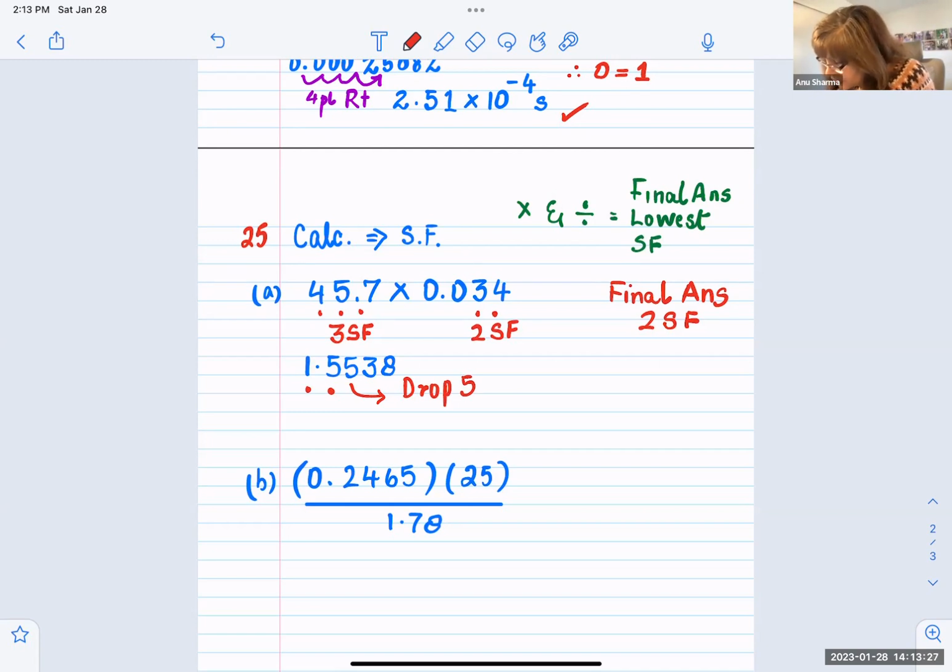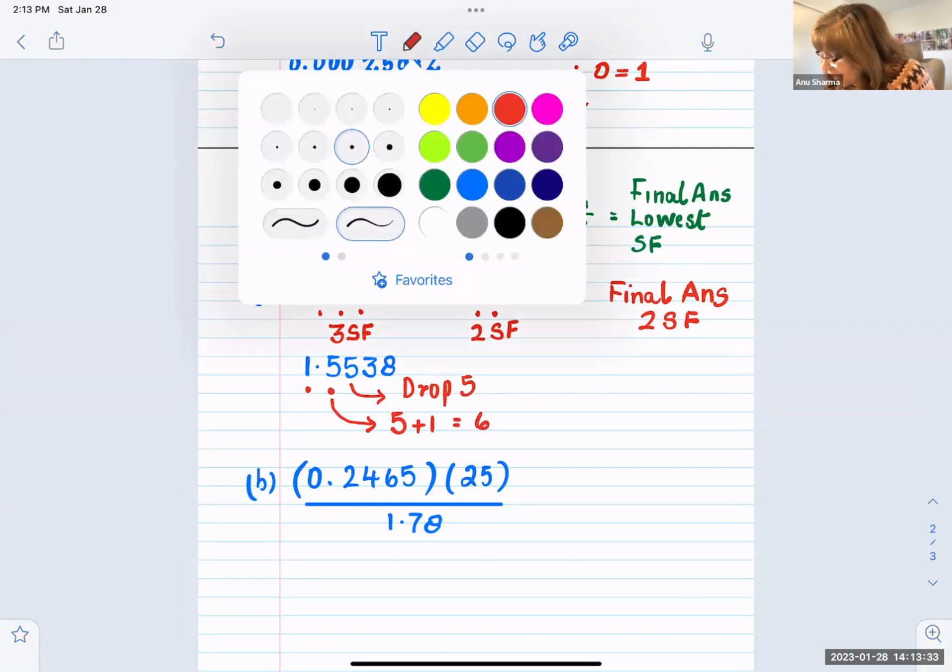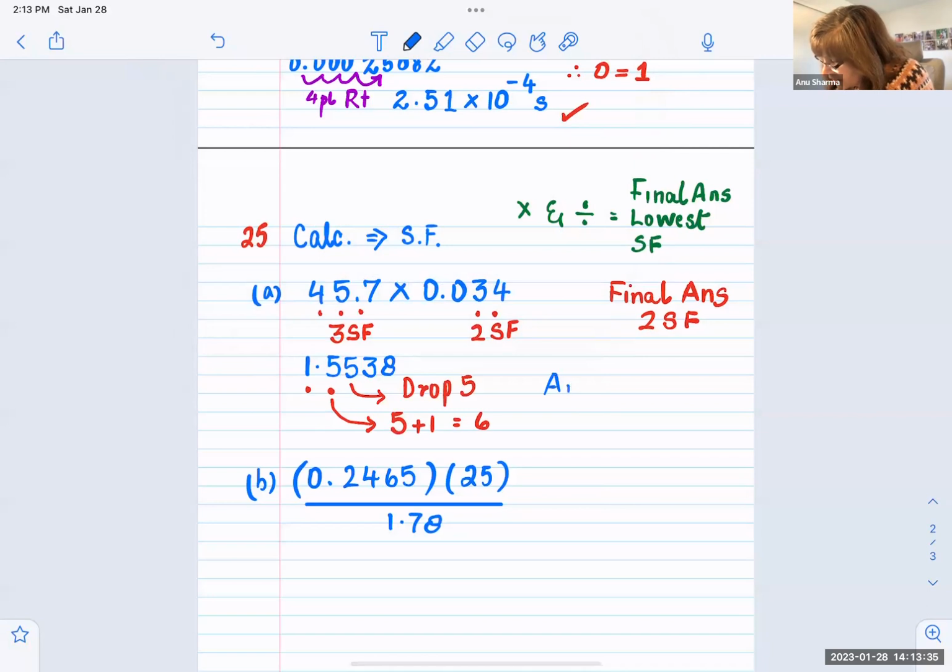We add one more, and it becomes 6. So your final answer is 1.6. And if there are any units, you write down those units. Okay, so that's how you get it.